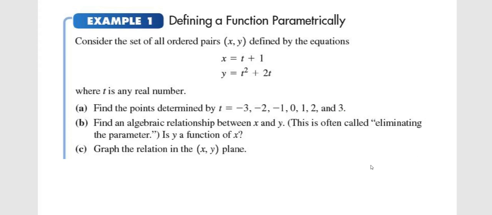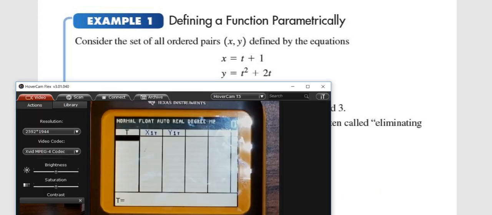So, what are they looking for? It says find the points determined by -3, -2, and they're giving me different values of t. That's the t. -3, -2, -1, 0, 1, 2, and 3. Boom, there they are. There are the coordinates.